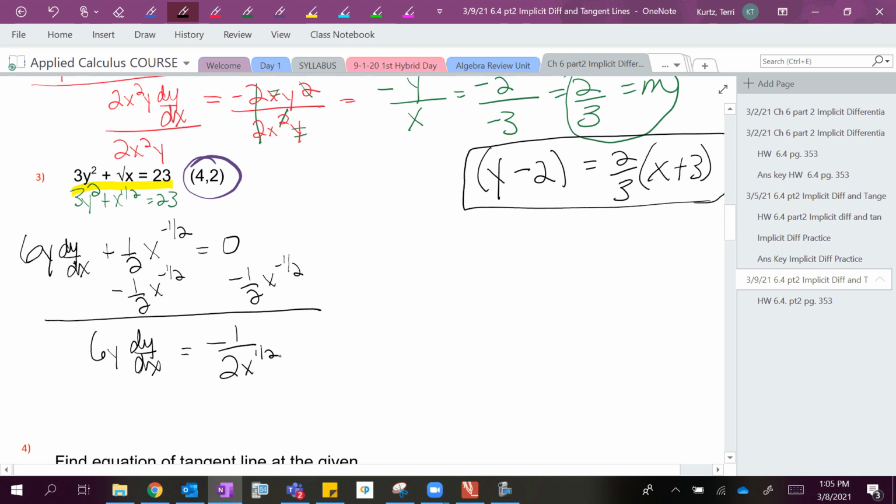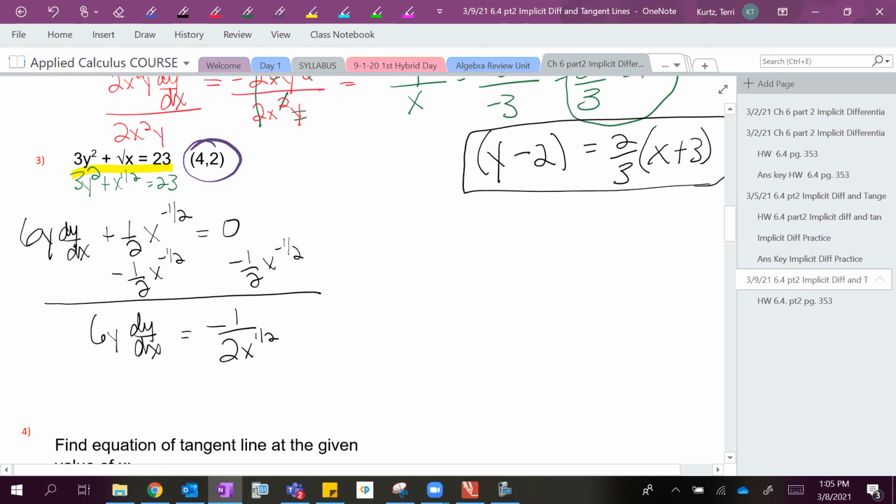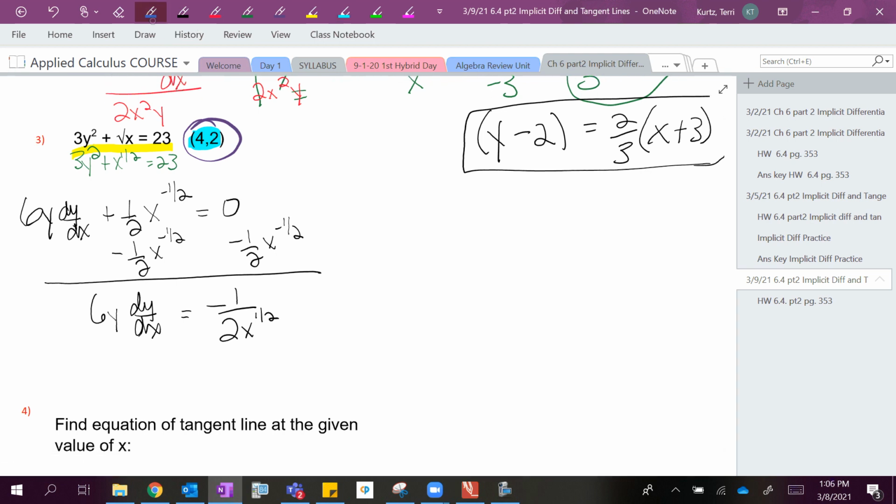Okay, now at this point, I'm going to go ahead and plug in my x and y values. So I don't even have to divide by that 6y. So this becomes 6 times 2 dy/dx equals negative 1/2 and then 4 to the 1/2.